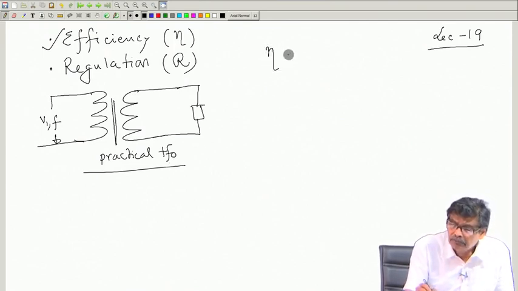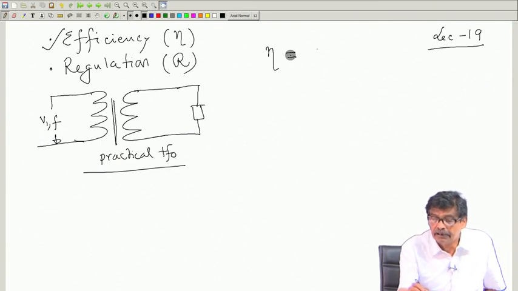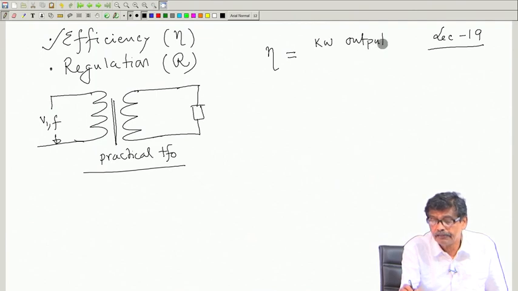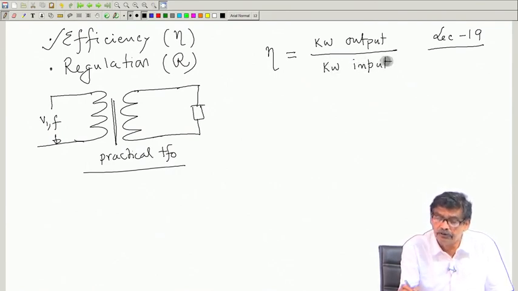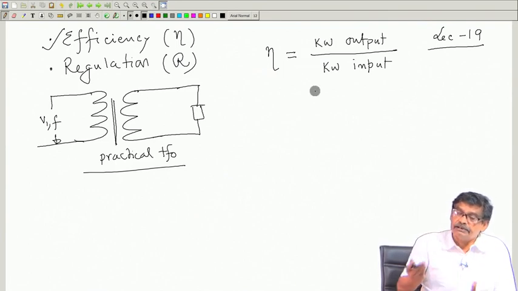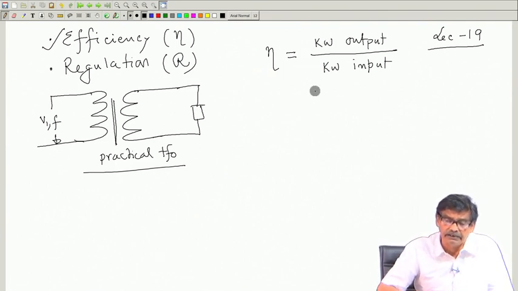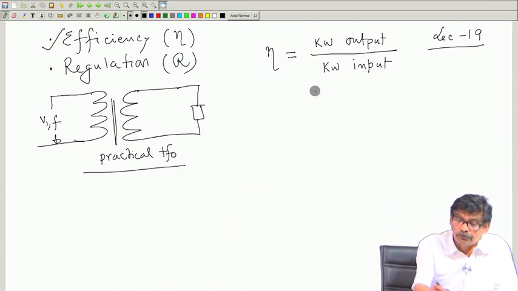efficiency, as you know, will be the kilowatt or watt output divided by kilowatt input or watt input. In whichever unit you do, you always express in the same unit. This is the efficiency of a transformer. What is kilowatt output?